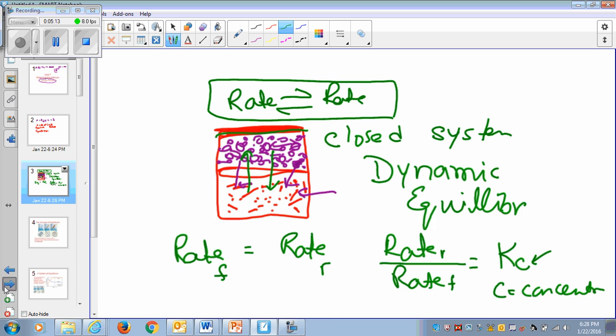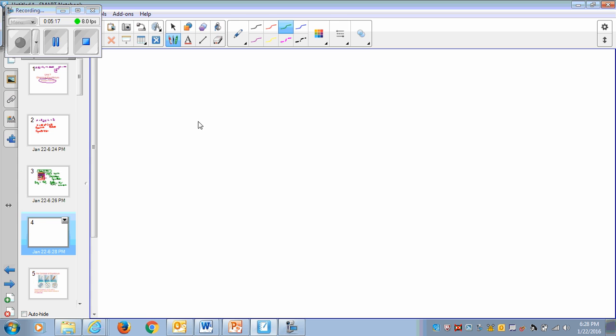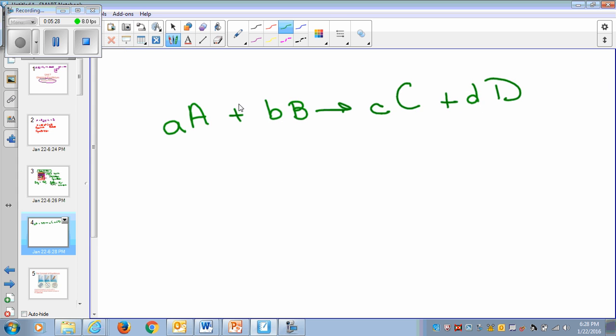Speaking of concentration, we need to talk about an equation. If I have A moles of chemical A and B moles of chemical B, which are producing C moles of chemical C and D moles of chemical D, these are the coefficients, the molar ratios. When I'm writing my equilibrium constant, it has to be the concentration of the products divided by the concentration of the reactants.